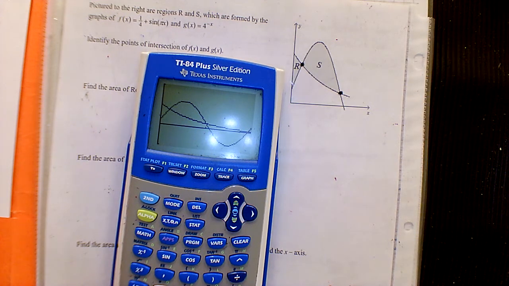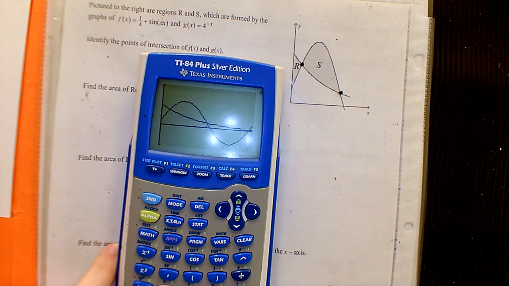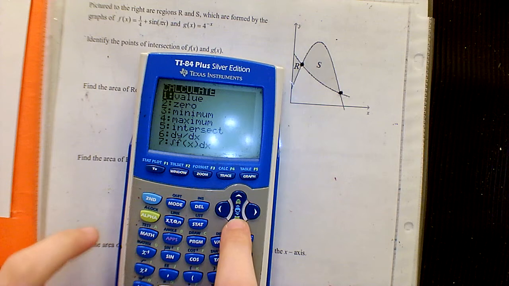Do we remember how to figure out intersection points? We did it a little bit on Friday. Do you remember what buttons to press? Second trace, okay.